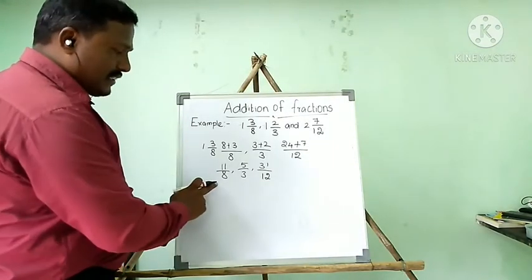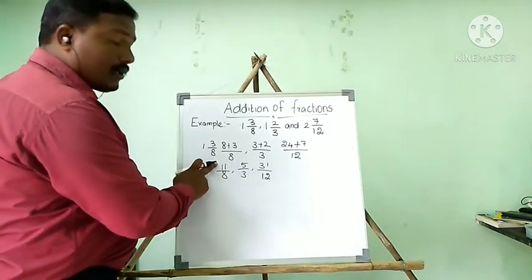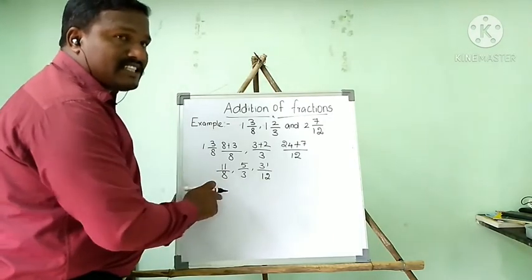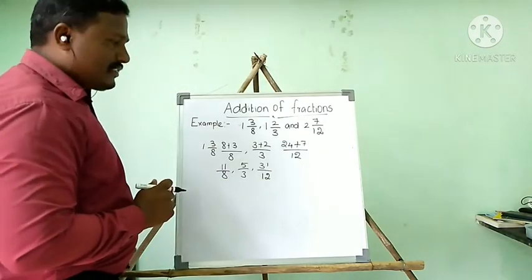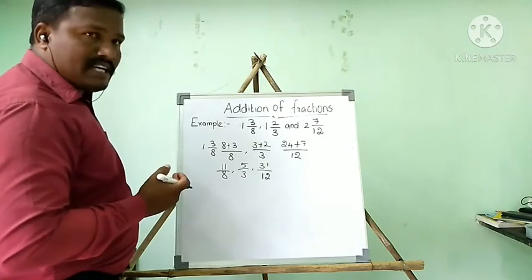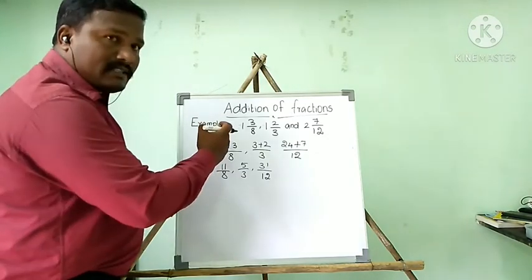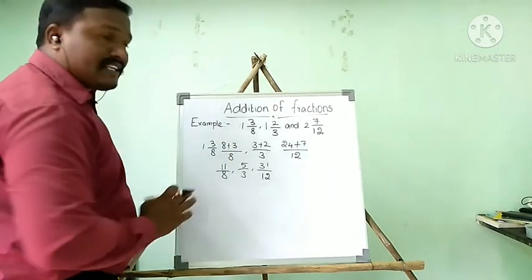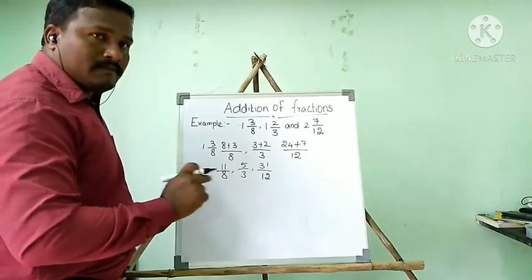Okay, because denominator is small, numerator is big. So this fraction is called improper fraction. Okay, now we want to add.